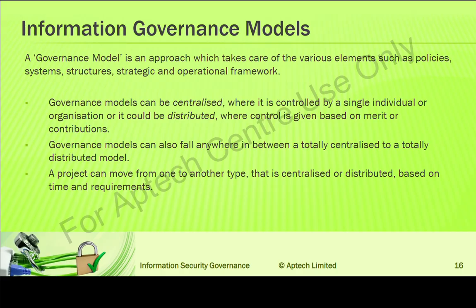When we are talking of policy, we are talking of procedures and policies implemented by the organization, the systems we are using, the hardware, and the structure of the organization. How the organization and the business operation are structured, and the strategies that we need to implement, and the operational framework also. The governance model handles this. We take care of it. It makes sure that everything is working fine in that angle.